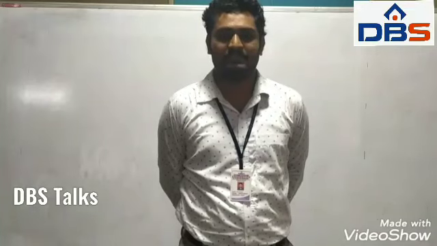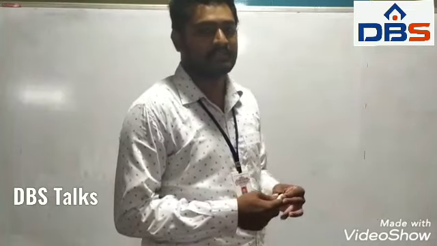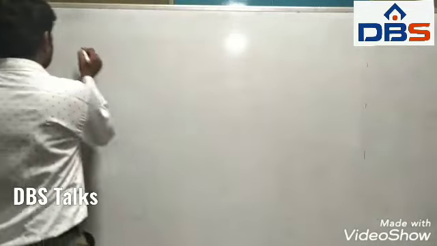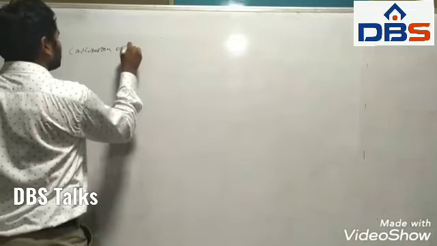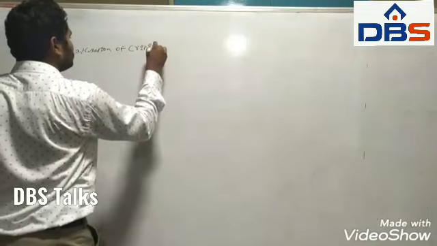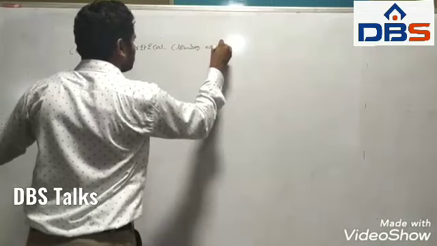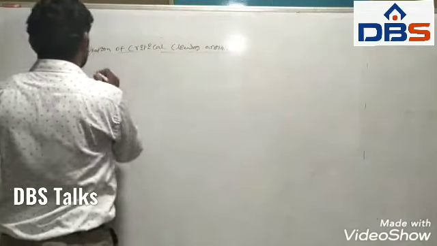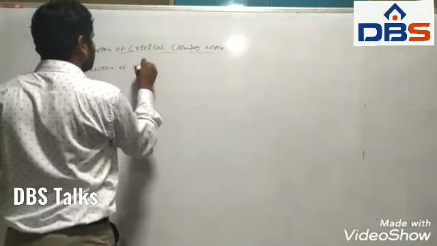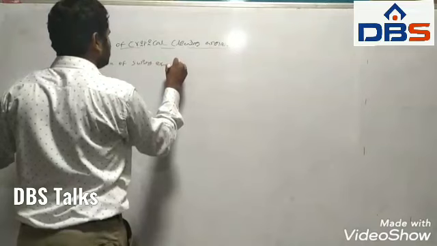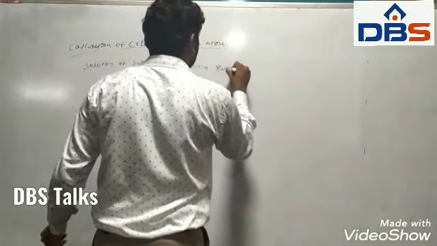In the previous session, we discussed determination of transition stability by using the equal area criterion, and now in this class, I will discuss calculation of critical clearing angle and solution of swing equation by using Runge-Kutta method.